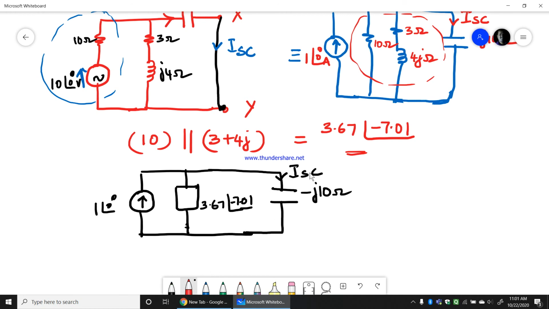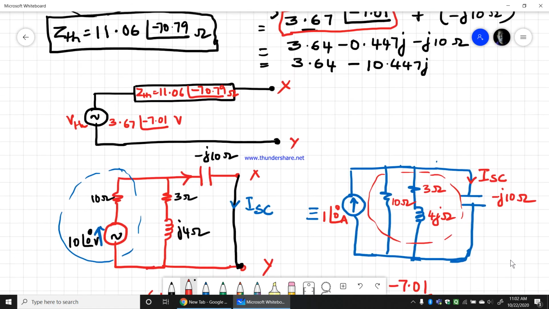Now can we apply the current division rule here, right? So we have ISC, which needs to be found, equal to total current 1 at an angle 0 degree multiplied by the opposite resistance, which is 3.67 at an angle minus 7.01, whole thing divided by the summation of these two, which is now 3.67 at an angle minus 7.01.